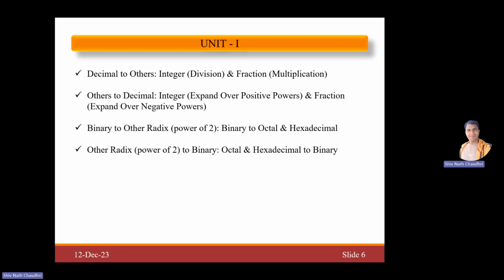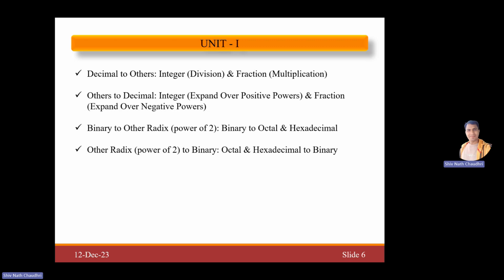So in unit 1, these questions are asked for 4 to 10 marks. For unit 1, I have framed one slide for number conversion. You can categorize all number conversion problems into 4 types. First, decimal to others, where integer conversion follows the division rule and fraction conversion follows the multiplication rule. The second category is others to decimal.